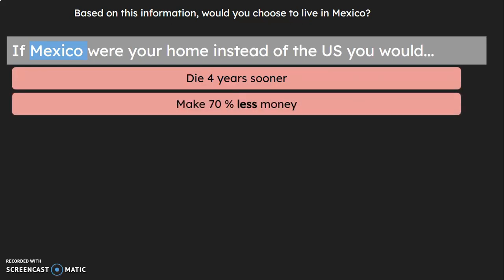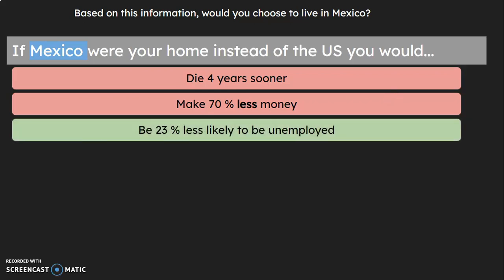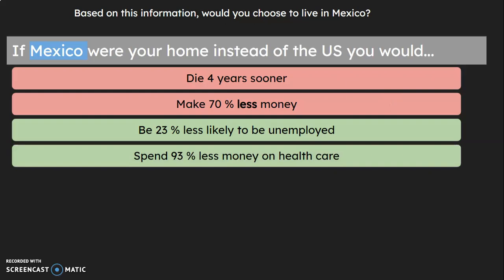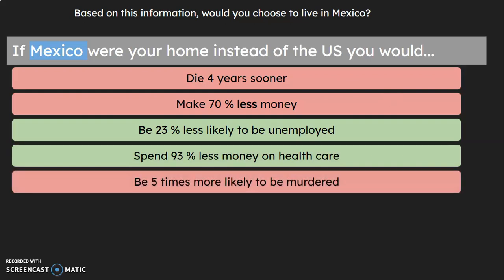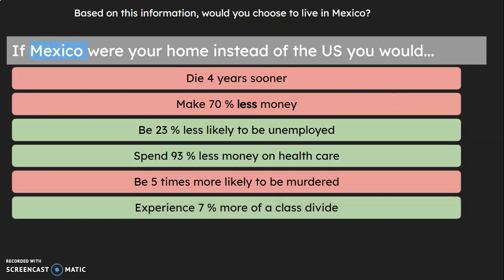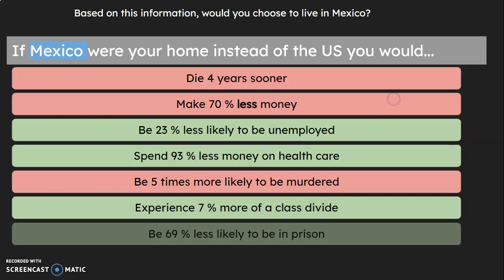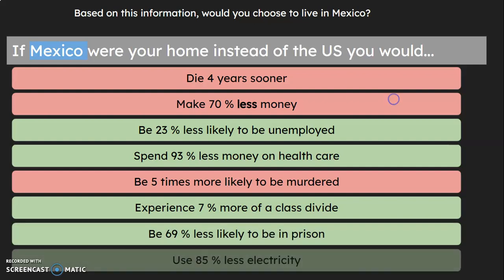You would make 70% less money, be 23% less likely to be unemployed, spend 93% less money on healthcare, be 5 times more likely to be murdered, experience 7% more of a class divide, be 69% less likely to be in prison, and use 85% less electricity.